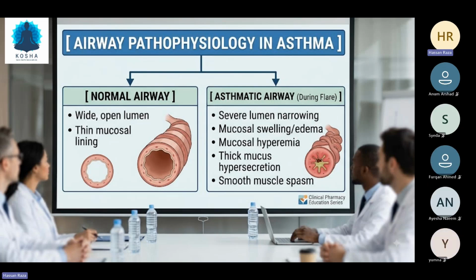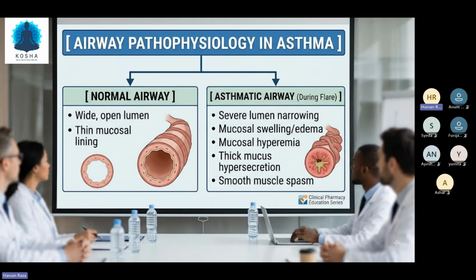His or her lumen gets narrow, there is swelling of the mucosa, mucosal edema, the mucous secretion gets thick, and there is spasm. We will see why; I have discussed the pathophysiology in later slides.